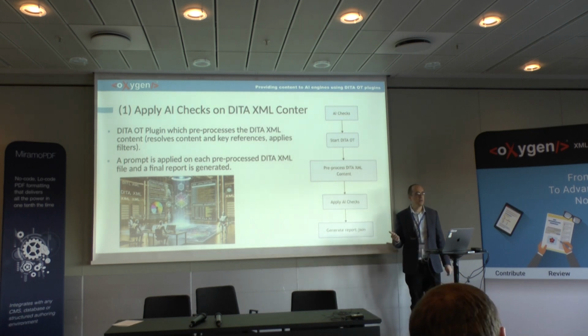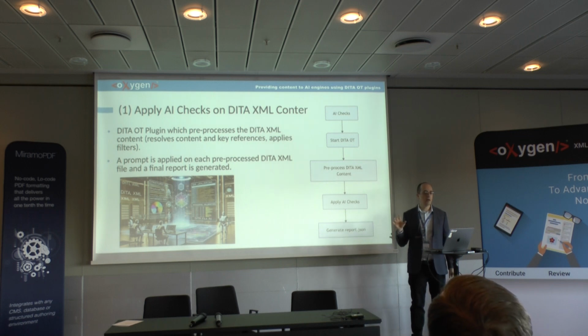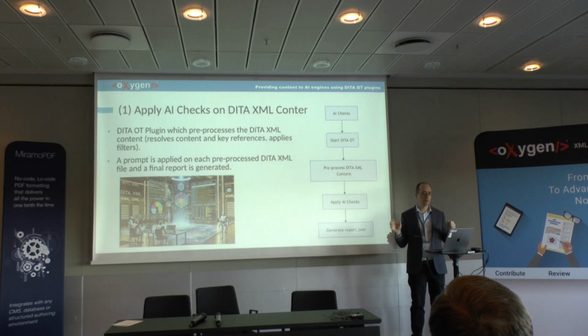So the first idea is to check the DITA XML content using the AI. This plugin starts the DITA Open Toolkit. It goes to the pre-processing stage where content references and key references are resolved. And then it applies AI checks based on a prompt.